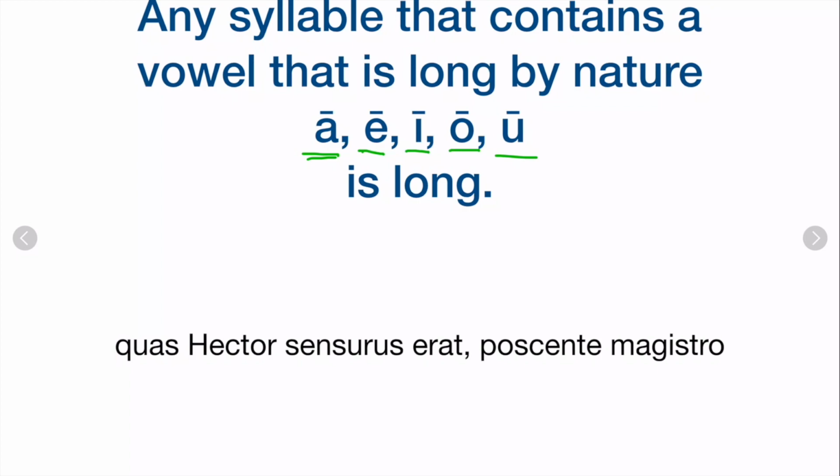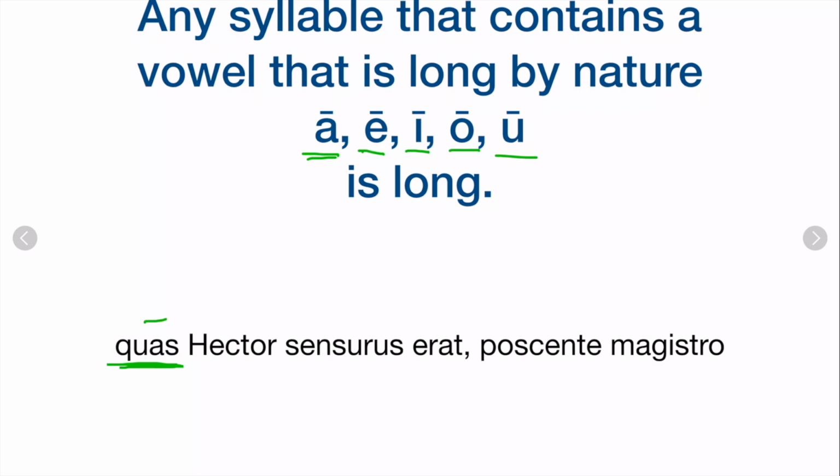Particularly important is to memorize the quantities of the vowels in the endings that you see all the time. So, for example, quas here, right? That is feminine accusative plural, and you should know that that A is long, okay?